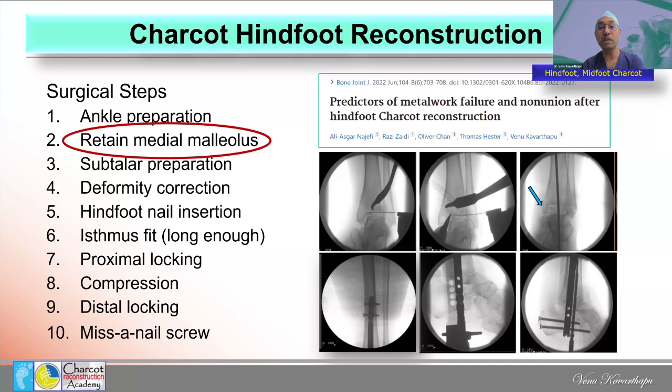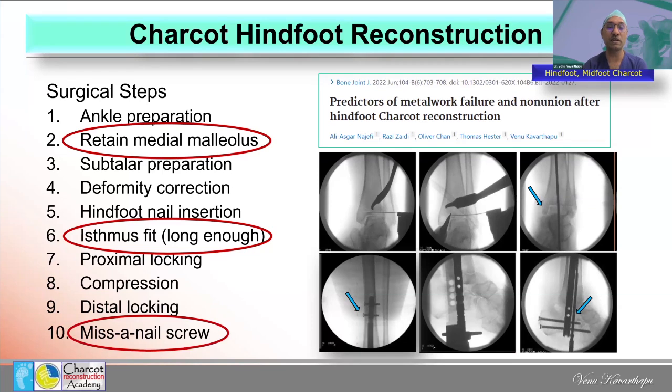But when we retain the medial malleolus and also use a long enough hindfoot nail that catches the isthmus part, so you get the isthmus fit, and when we also use an additional calcaneotibial screw, then the metalwork failure rate was very, very low, only 7%. Again, that is something we did not know before.